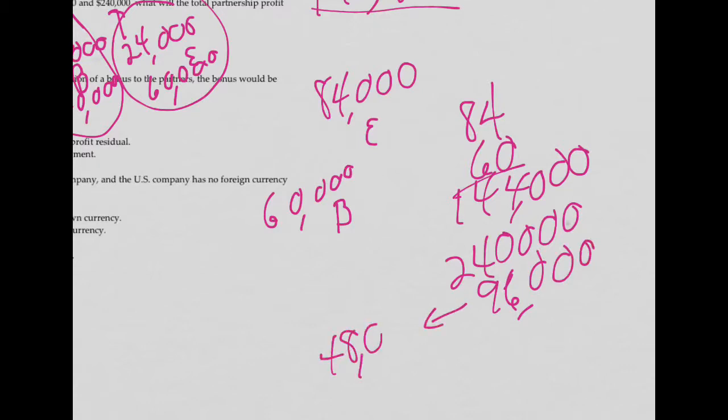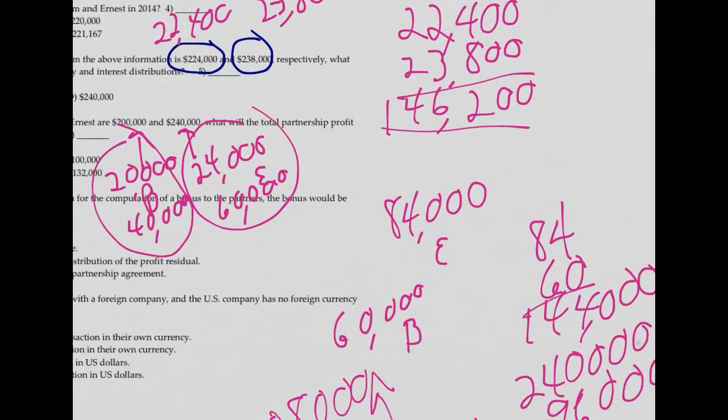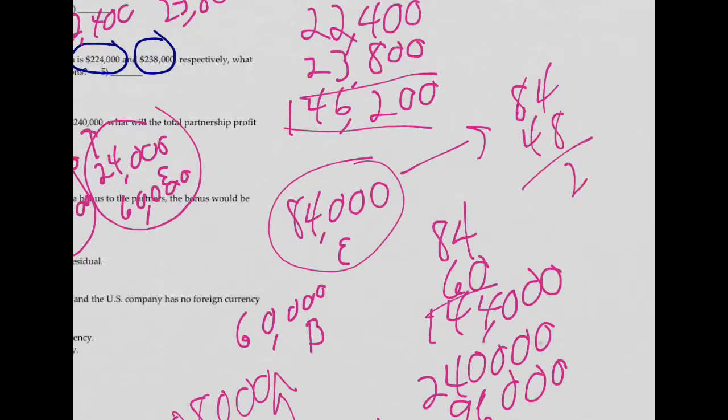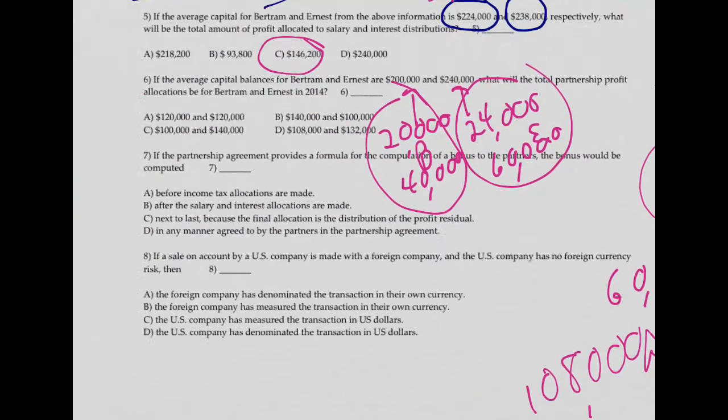Half goes to Bert, half goes to Ernest. Over here means that's 108. Add to Ernie's share, which is 84, the 48, his share of the profit. And that's going to yield 132. And that answer will be D.